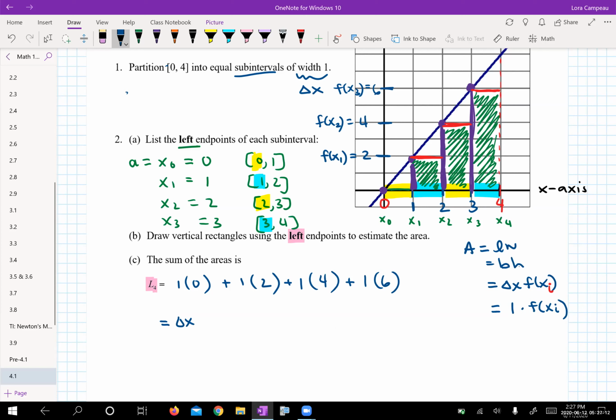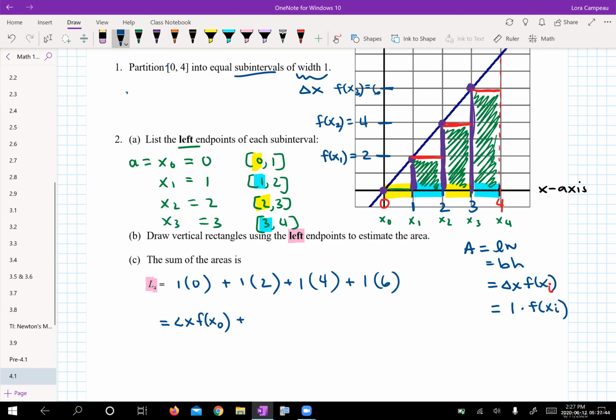Now the 0, the 2, the 4, the 6, that is your function evaluated at your left endpoint. I'll put subscripts in to help you out. So delta x times f of x sub 0. Don't miss that delta x, be careful.